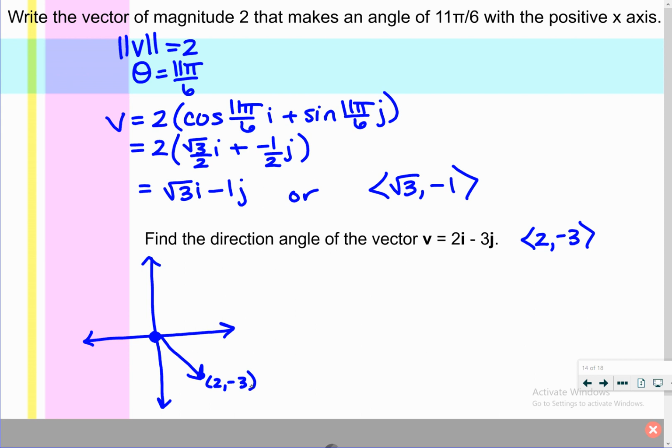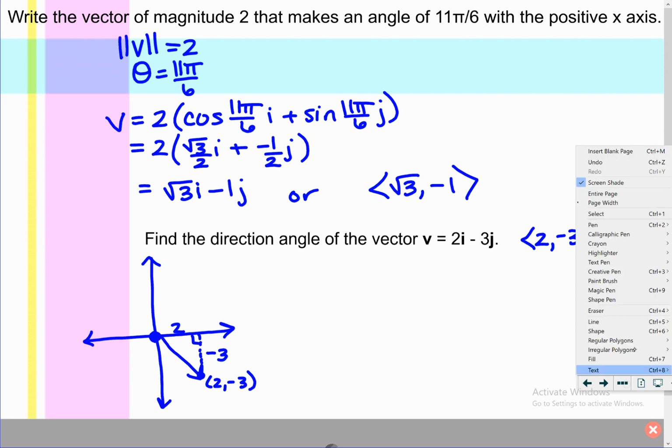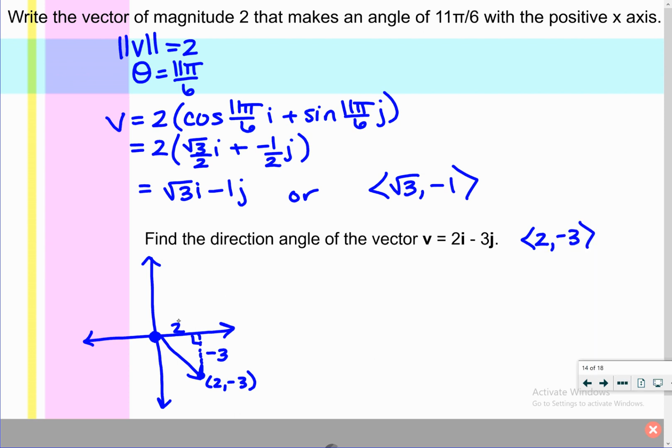Our job is to find the direction angle. We can turn this picture into a unit circle picture that we recognize. Remember dropping the altitude to the x-axis, our little reference triangles, okay? And I can label sides then. 2 is across, negative 3 is down. My job is to figure out the direction angle, so from the positive x-axis, rotated counterclockwise.